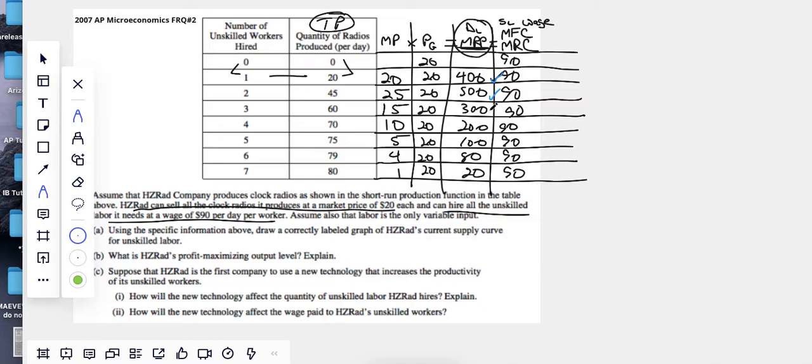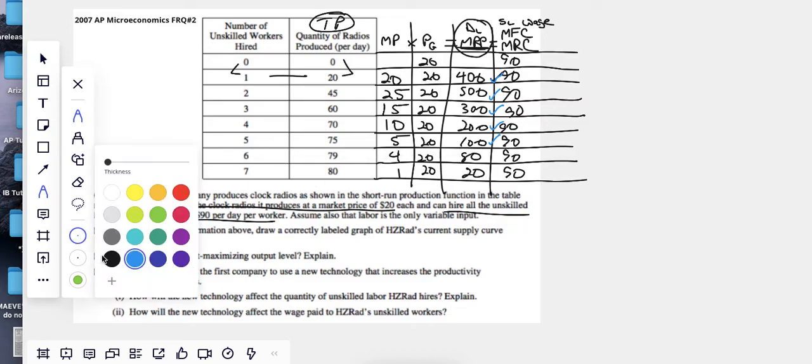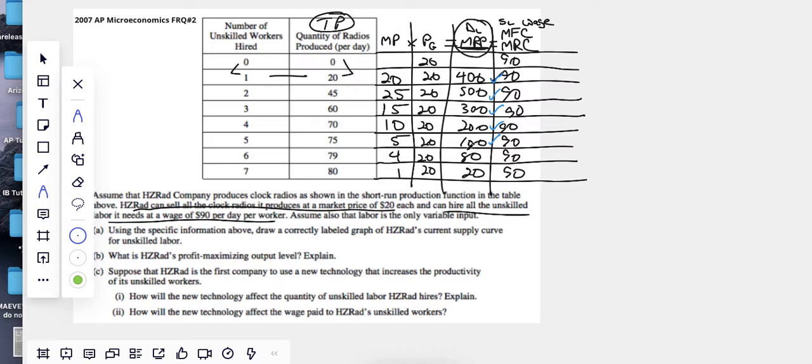I like him. 390, 290, 190. I still like this guy. I do not like number 6, though. What he brings into my company is $80, and I would have to pay him $90. So I would not hire him, but I would hire up to the 5th worker.